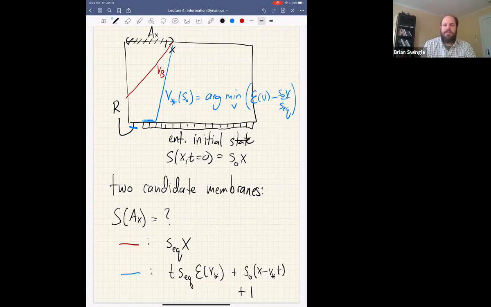Of course, the system's evolution is unitary, so in principle, the information is encoded in some subtle way in the system. But in practice, you can't learn where you came from by looking at small sets of degrees of freedom. And this is giving a very precise information theoretic quantification of that, where we see that once the entropy is saturated to its equilibrium value, then there's no room for information about the initial state.